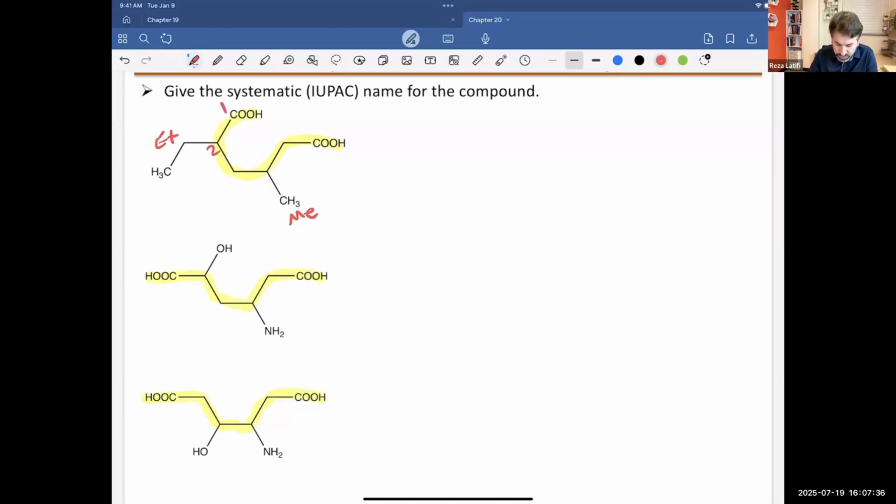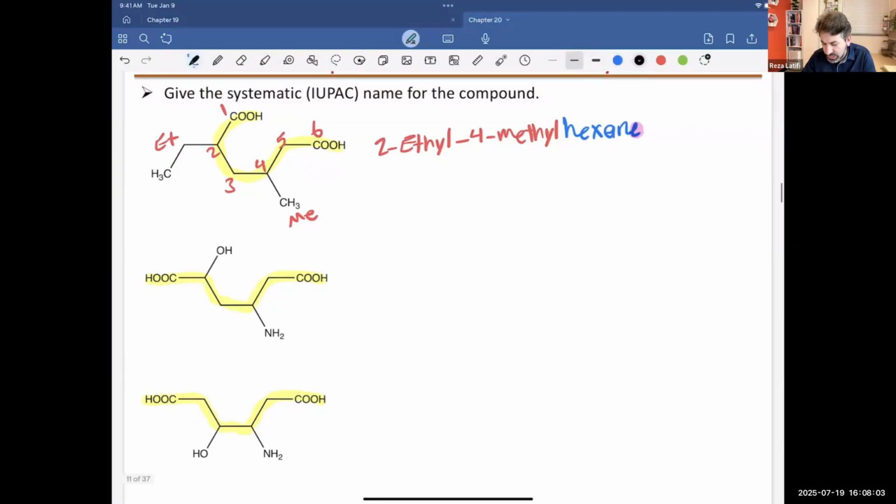So I go 1, 2, 3, 4, 5, and this one will be 6. On the second carbon, I have ethyl, and then on the 4th carbon, I have methyl. The molecule is made of 6 carbons, so it will be hexane. We are not going to get rid of the last E. Just simply after that, say di, and then say OIC acid.